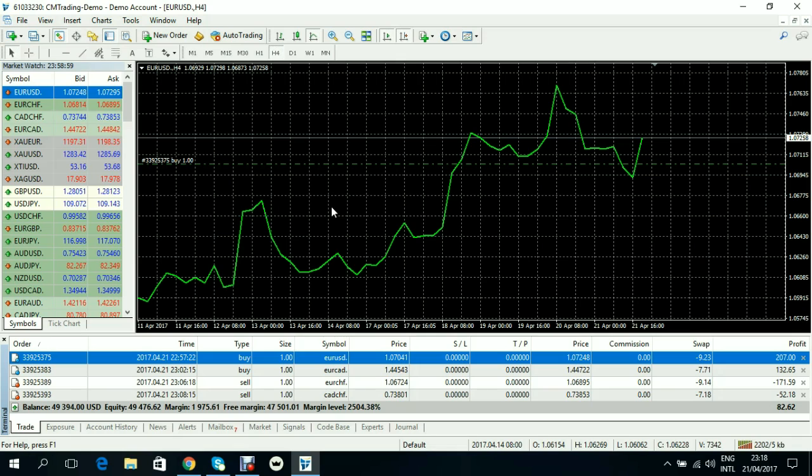So once you are able to find the best trend, then you stick to it. But we'll be looking at indicators. When we look at indicators, you will find out that it will be clearer to you.